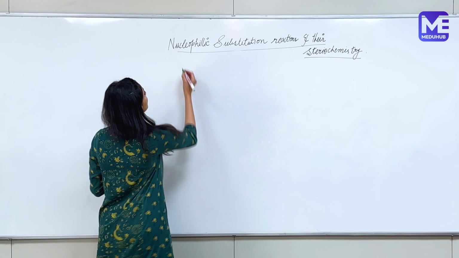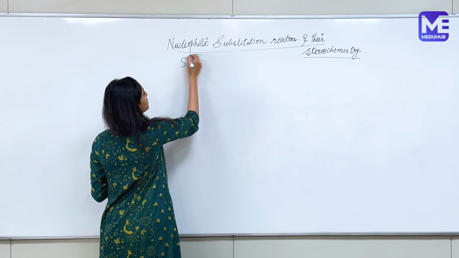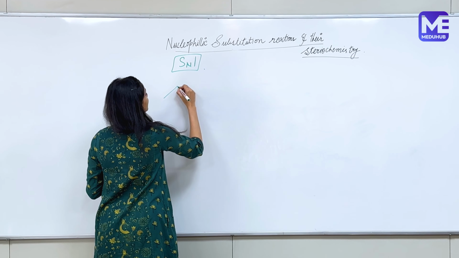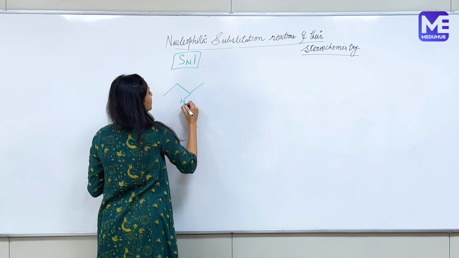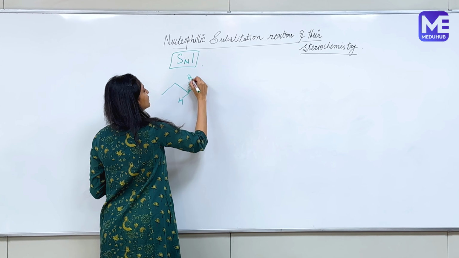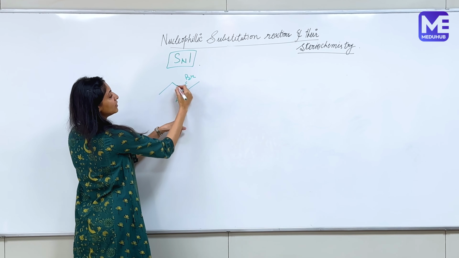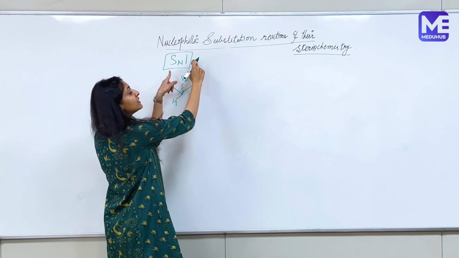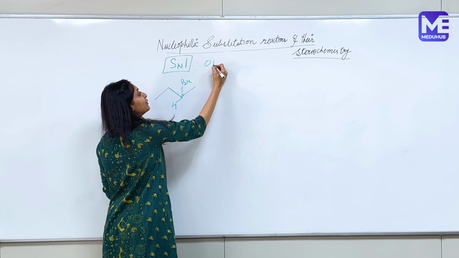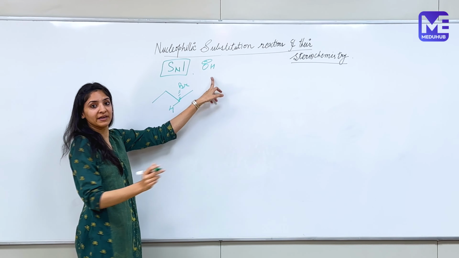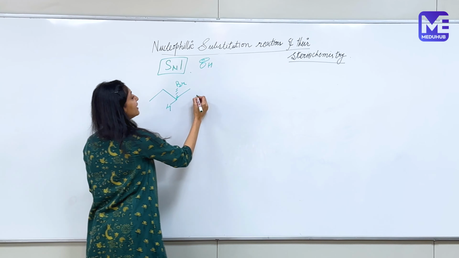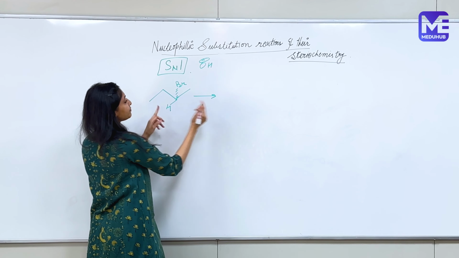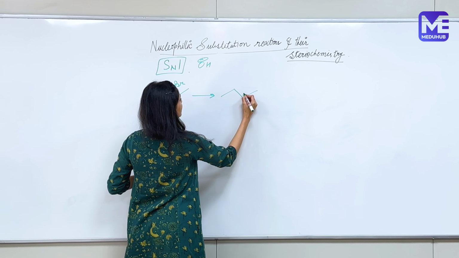Let us see. In the case of an SN1 reaction, let us take this example where this is a chiral center. There are 4 different groups attached to this carbon. This undergoes an SN1 mechanism and reacts with the nucleophile, which is again, let's say, OH minus. What will happen now? In the first step, we will get a carbocation.